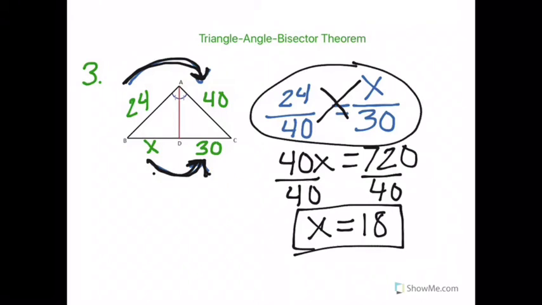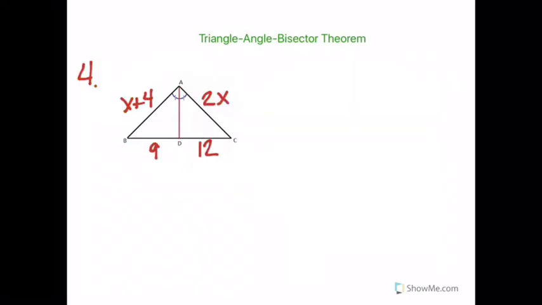All right, let's try number 4 where the algebra is a little bit harder. All right, number 4. Side AB is x plus 4. Side AC is 2x. And then that third side, we have the segments 9 and 12. So, again, don't be afraid to draw on those arrows.